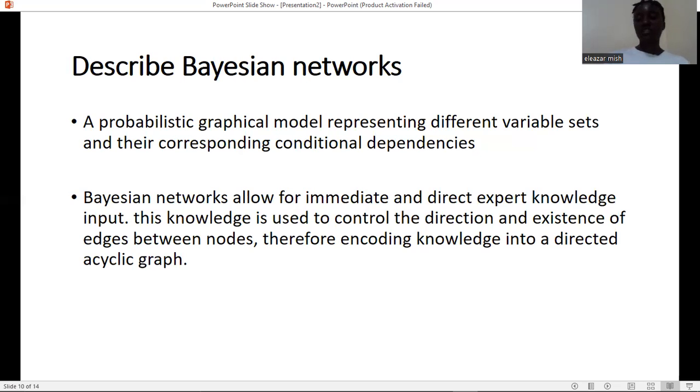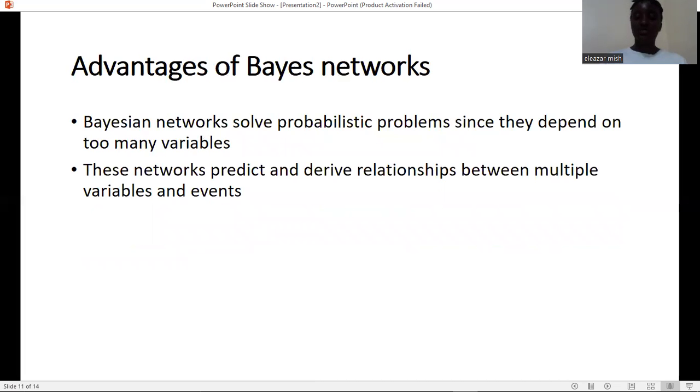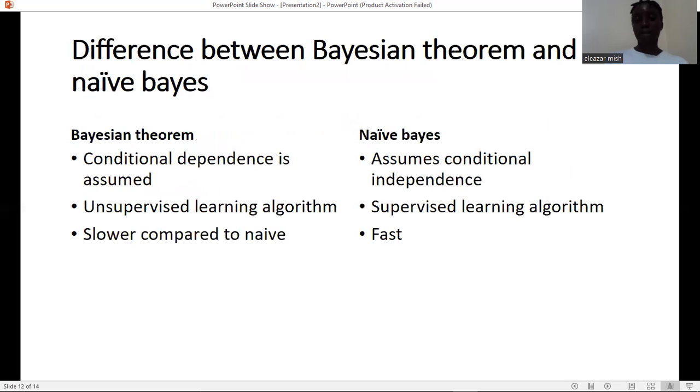You're relating all variable sets to their conditional dependencies. The advantages of these networks are that they solve probabilistic problems, because they're dependent on very many variables. The networks predict and derive relationships between multiple variables and events.